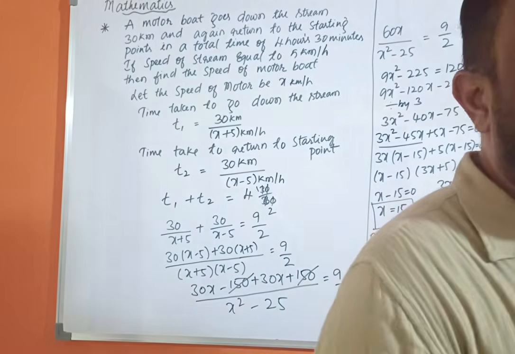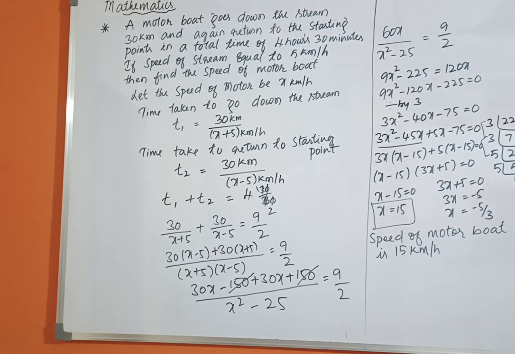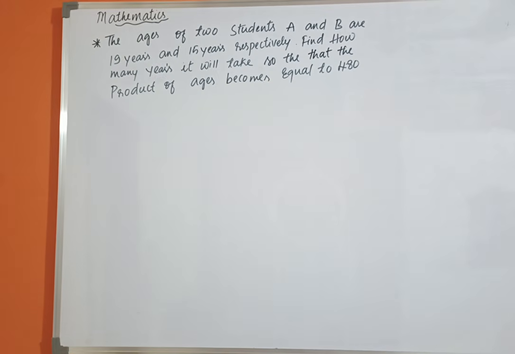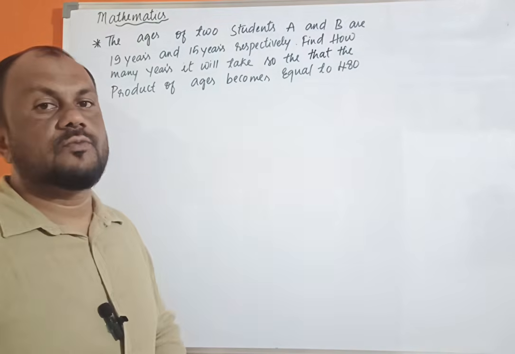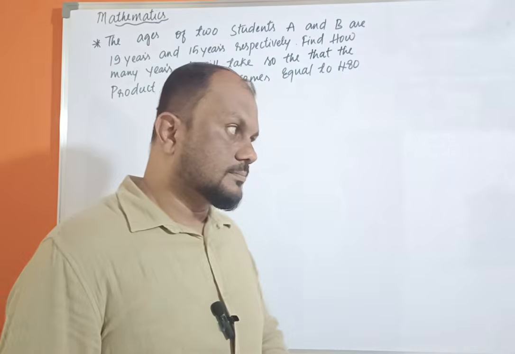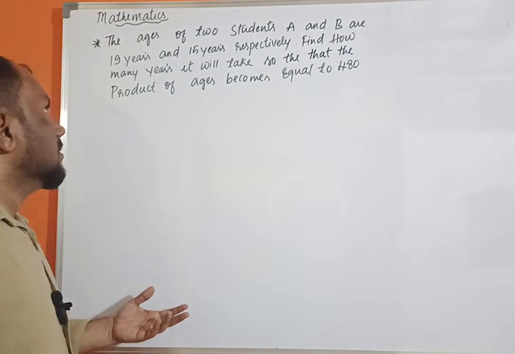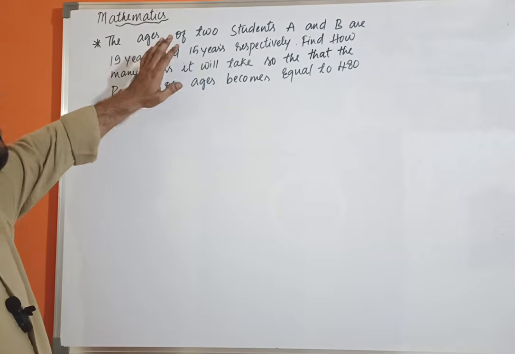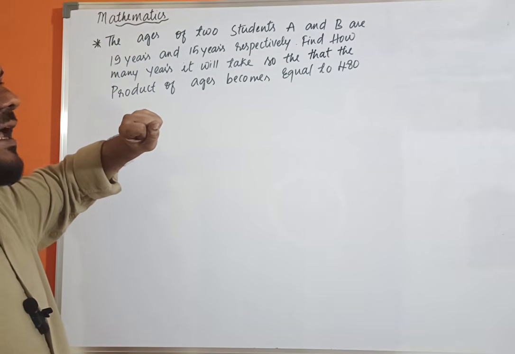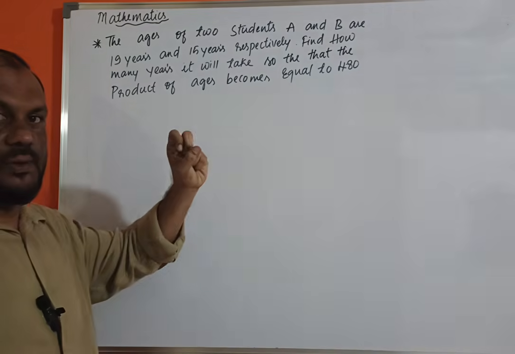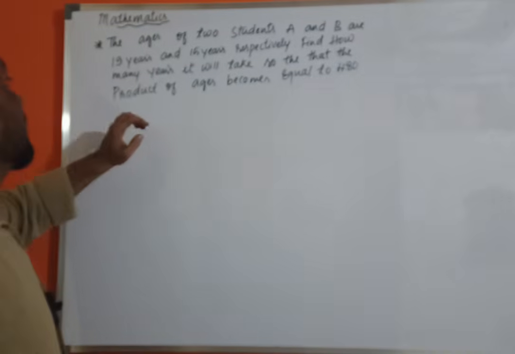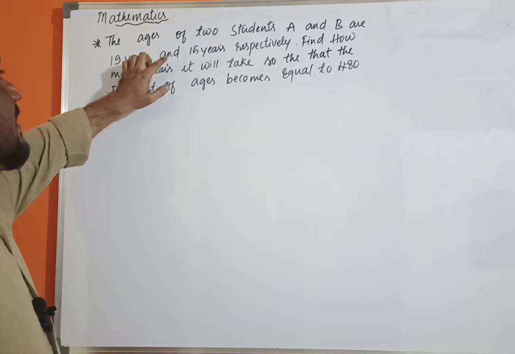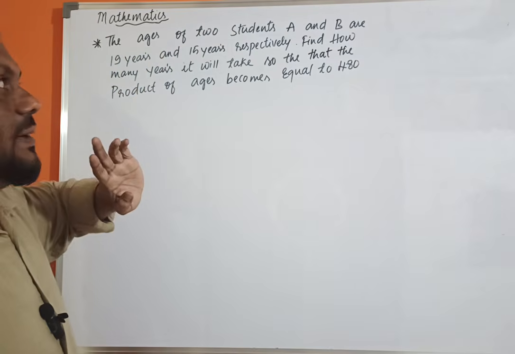So one more sum we'll try. Okay. One more word problem from the quadratic equation. The ages of two students A and B. How many students are there? Two students A and B, 19 years and 15 years respectively.